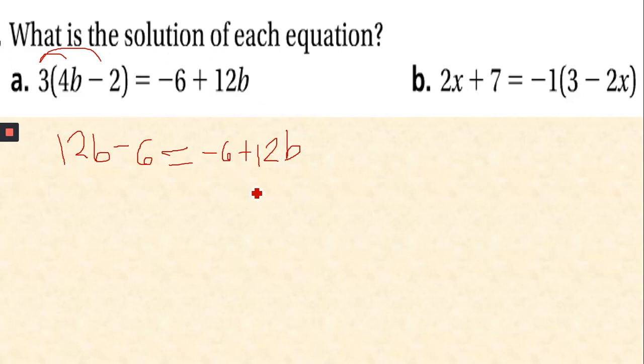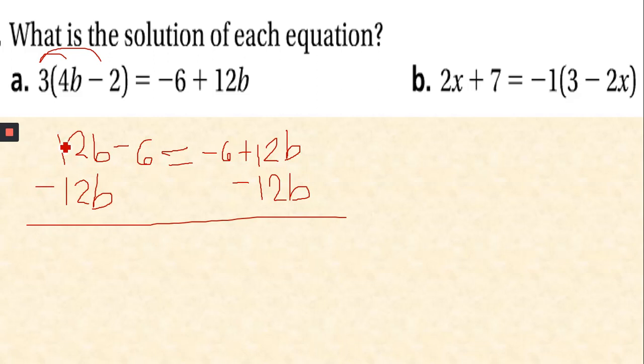Then after that, we're going to move this one on the right side of the equation. So we need to get the opposite, and the opposite is negative 12b. We're going to write negative 12b on both sides of the equation. So we have 12 plus negative 12, that will be 0. Bring down negative 6 is equal to negative 6. Then positive 12 plus negative 12, that will be 0.